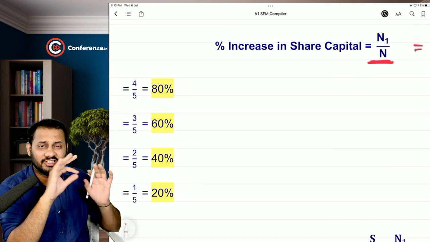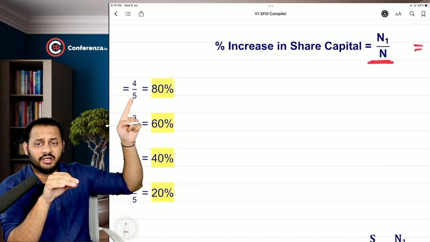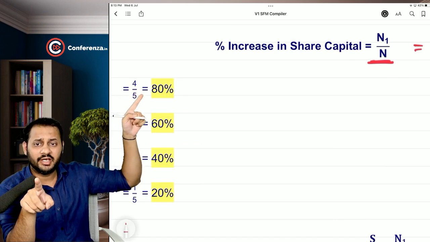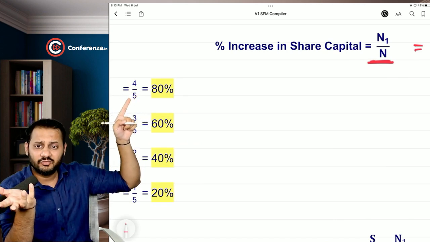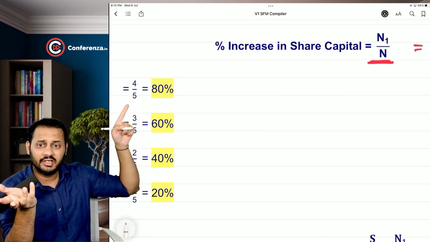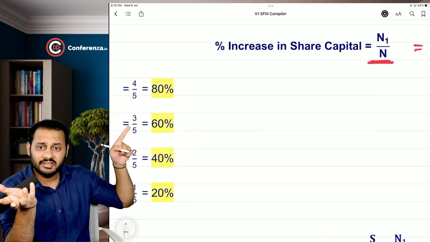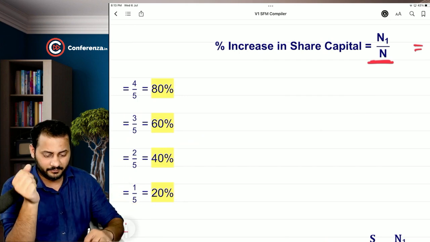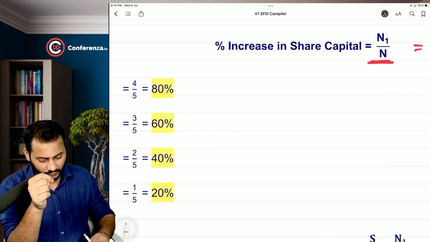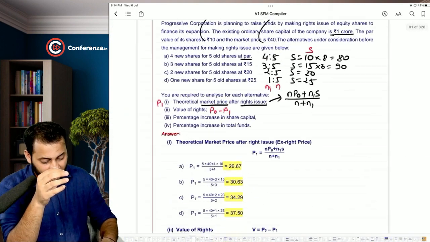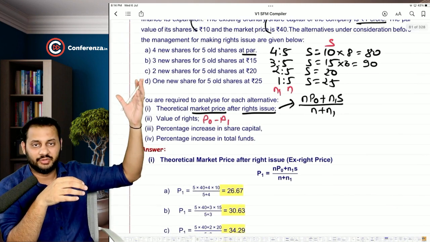You had 5 shares earlier, you are issuing 4 more, that means 80% increase. In the other cases, 60% increase, 40% increase and 20% increase. Getting it? So the percentage increase in share capital was nothing but the ratio itself.